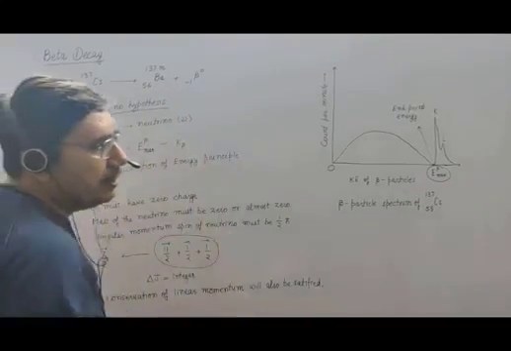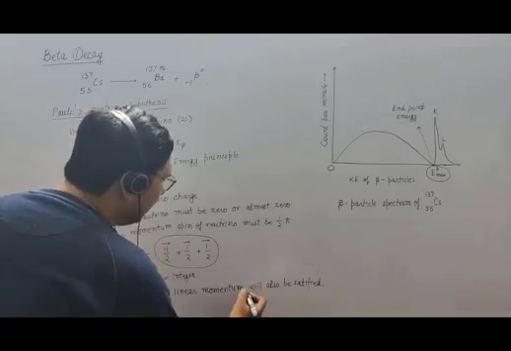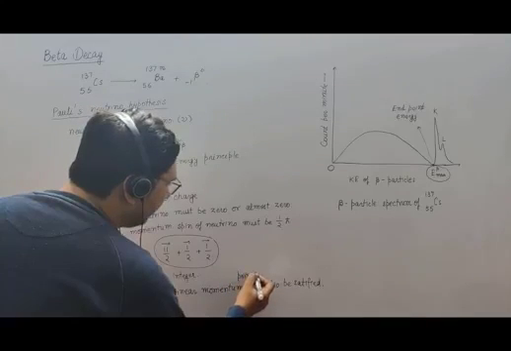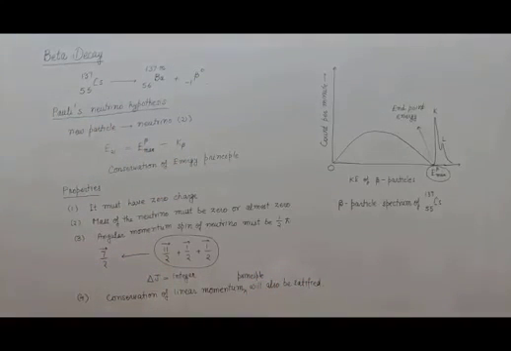This condition is no longer there, and it is due to the presence of the neutrino. So the conservation of linear momentum principle may also be satisfied in the presence of the neutrino particle.